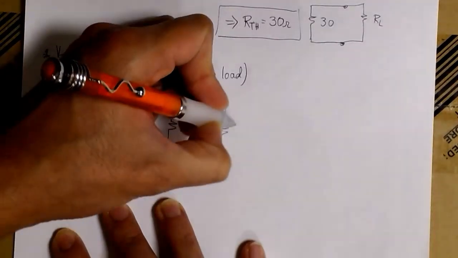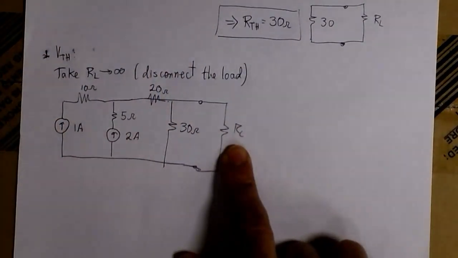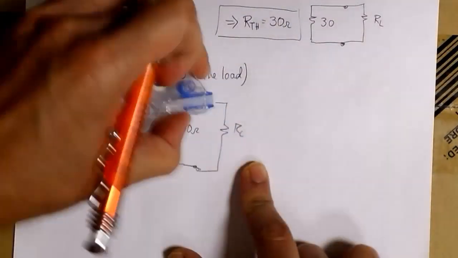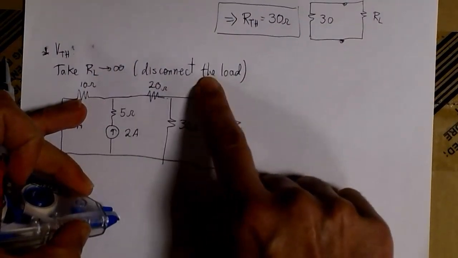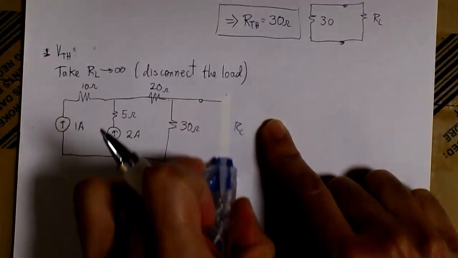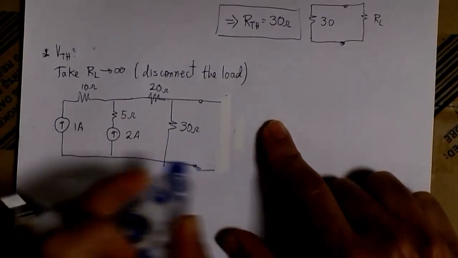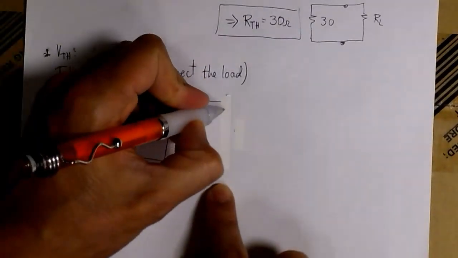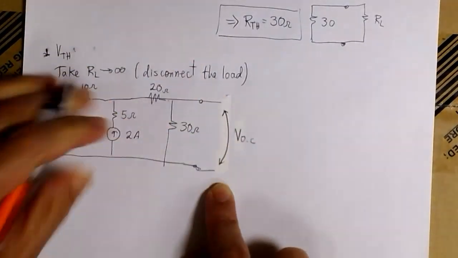So what we have is something like this. This is the original circuit, then we have the load. But we have to disconnect the load. That basically means we can just remove it from the circuit. Once we remove the load, we're interested in finding the V open circuit.